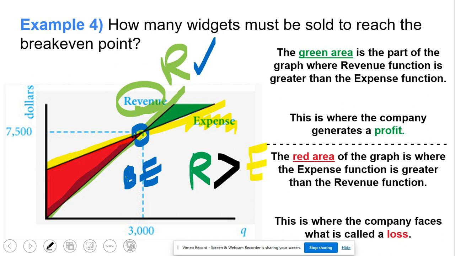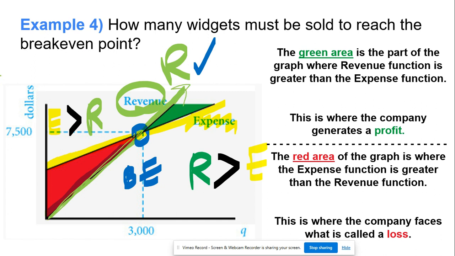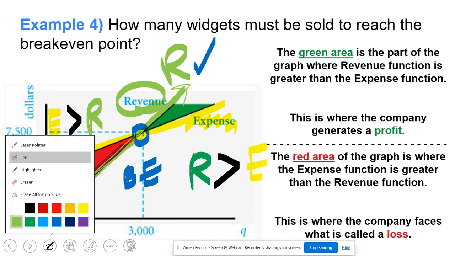Similarly, on the left, you can see the red shaded area. That's where, on the left-hand side, the expense is bigger than the revenue function. The yellow line is up higher than the green. It's a little hard to see the green, but I'll help us out. It is right here. It's right there. Where the expenses are larger than the revenue, meaning that the expenses that we have for the business are greater than the amount of money that we're making.